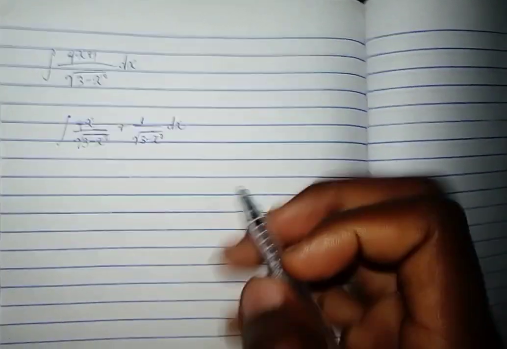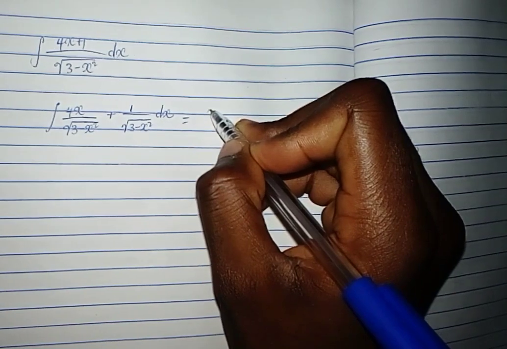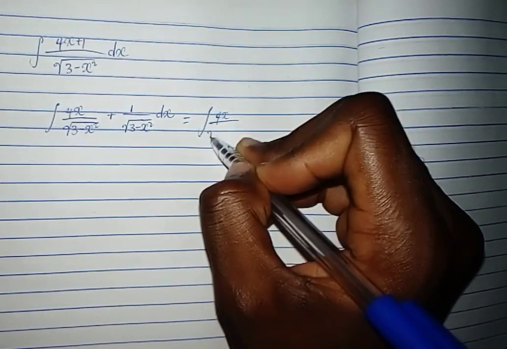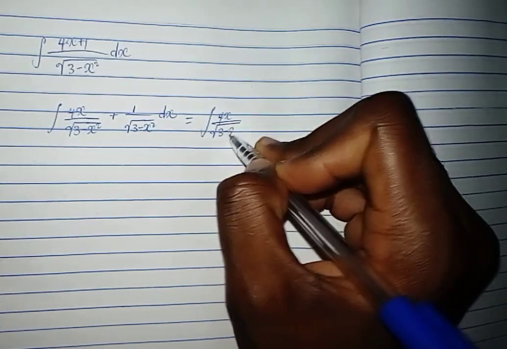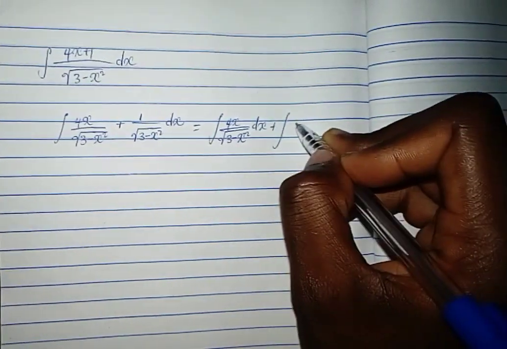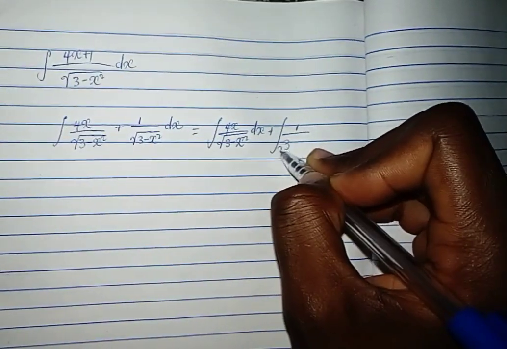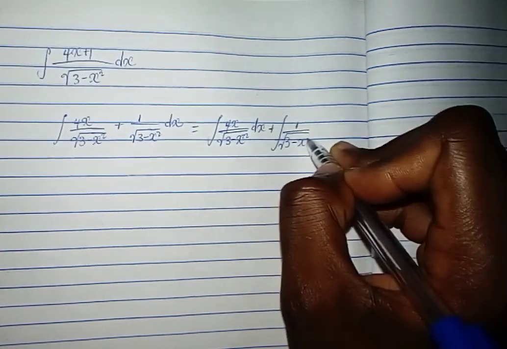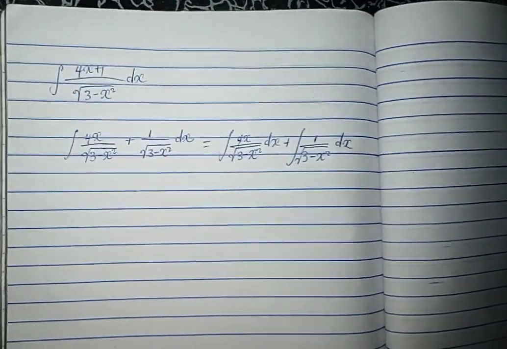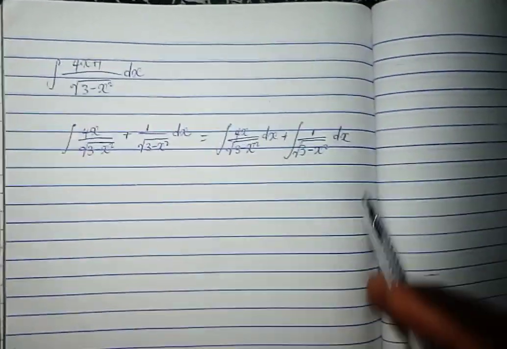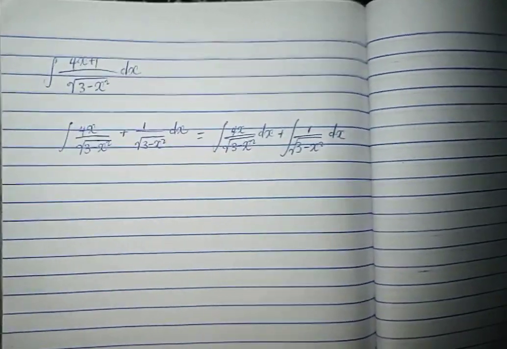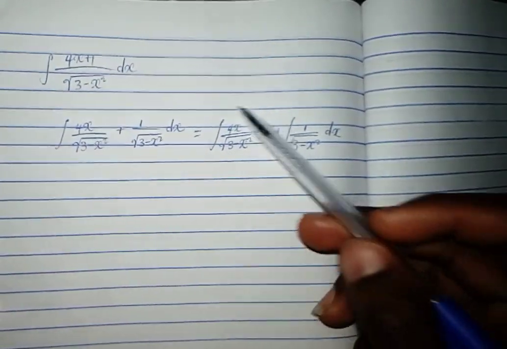We can as well say this is equal to the integral of 4x over the square root of 3 minus x squared dx plus the integral of 1 over the square root of 3 minus x squared dx. Now we can find the integral of each, and after all we sum them together to have the whole integral. How can we actually solve this integral?